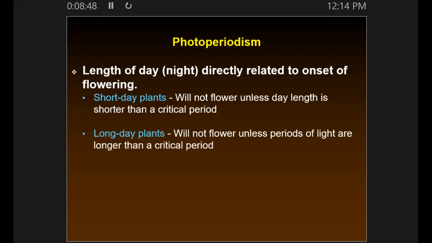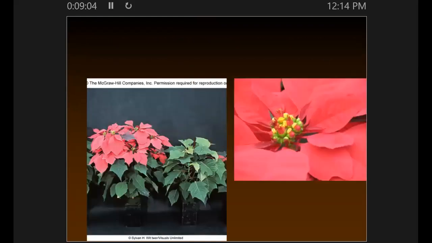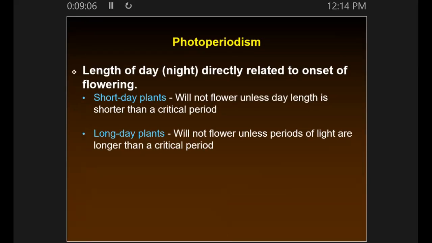So short day plants, I have in the notes section, cannabis supposedly fits into the short day plant idea. Ragweed fits into the short day. And then long day plants. What are long day plants? Do I have that in my notes?